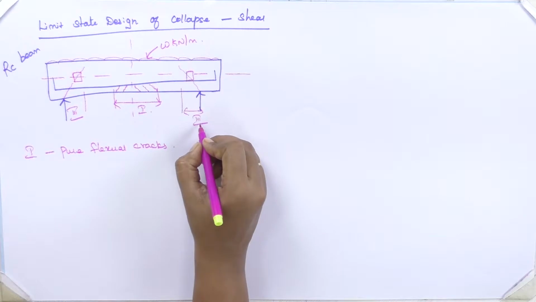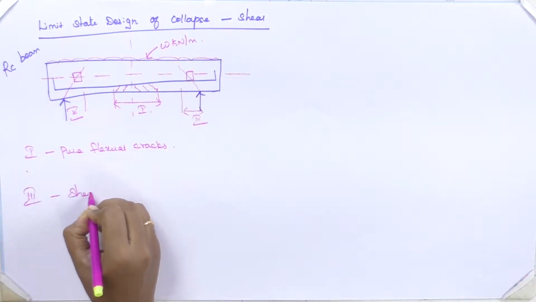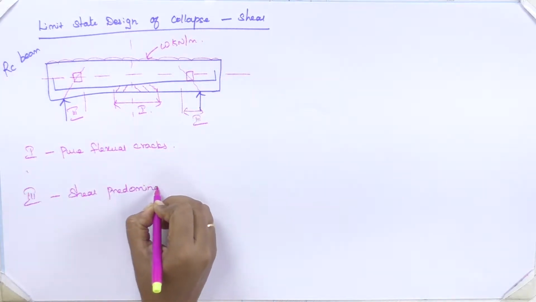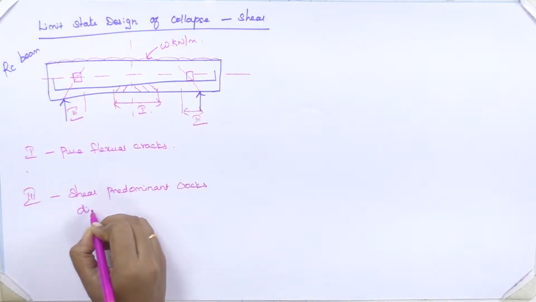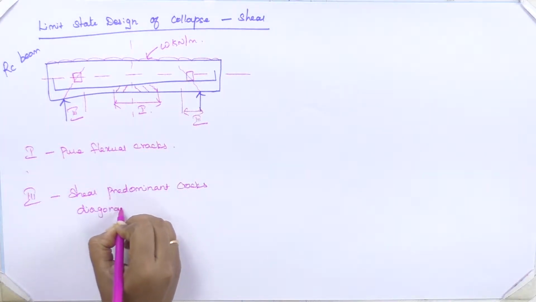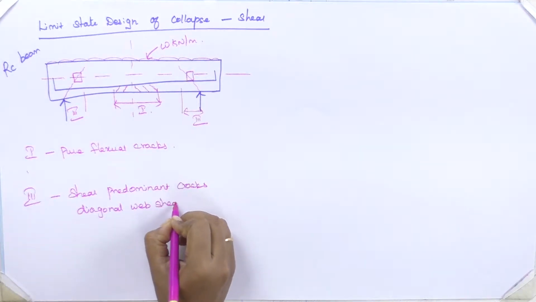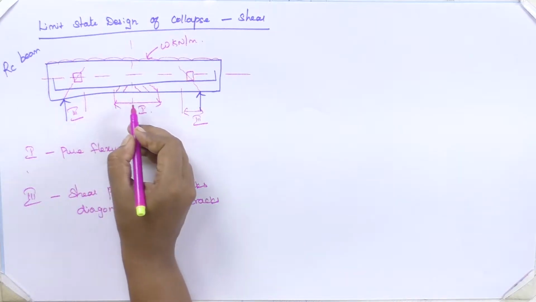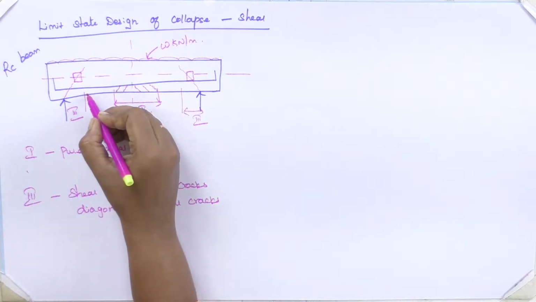This region number 3 is called the shear predominant area. Shear predominant cracks. These cracks are also called diagonal web shear cracks.